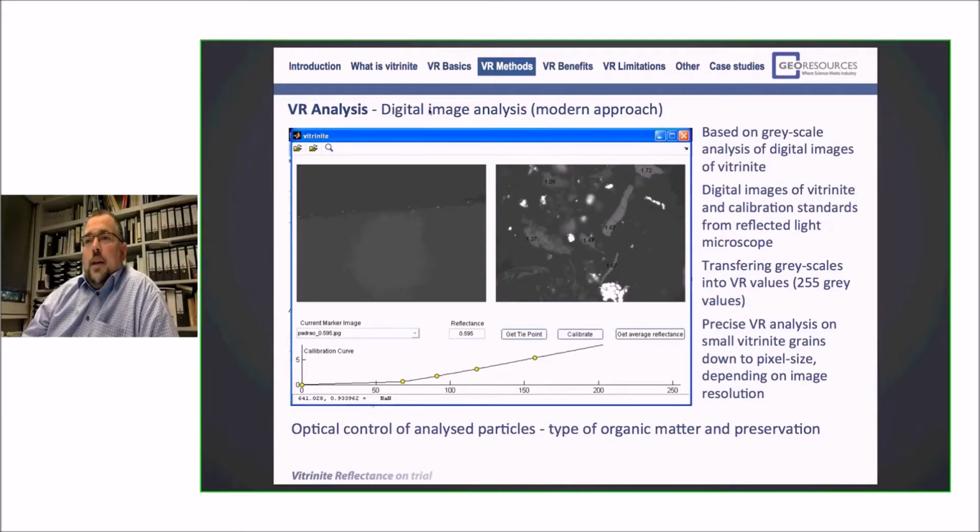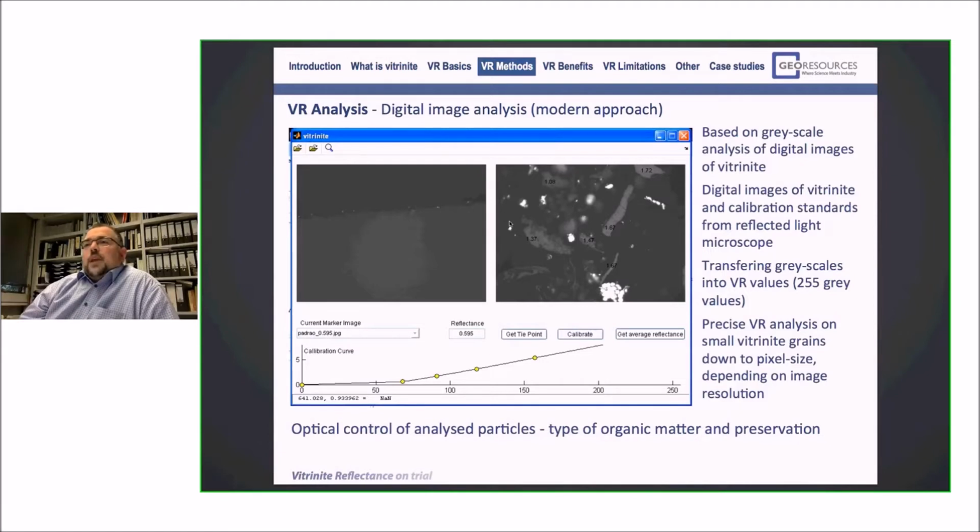We no longer analyze directly the reflectance of the light from the vitrinite with the photometer on top of the microscope. We take digital images of vitrinite in a black and white mode. So we get these grayscale pictures and analyze the reflectance by grayscale analysis from this picture.